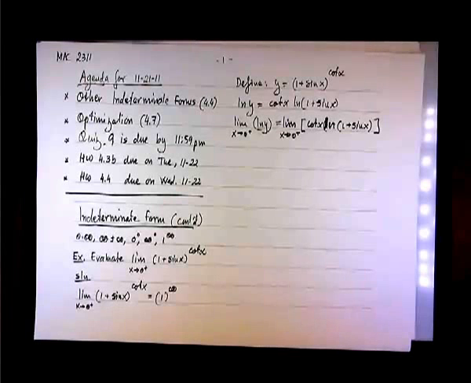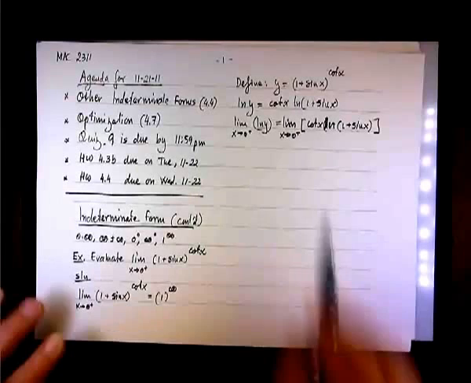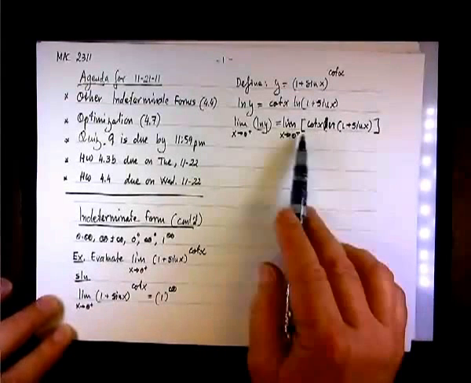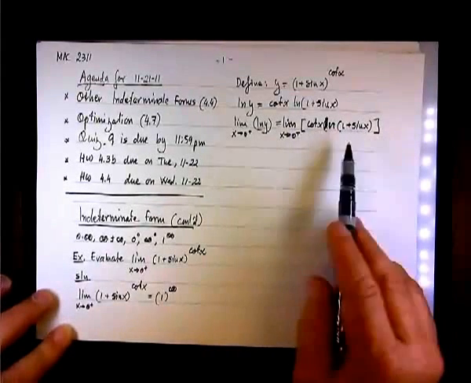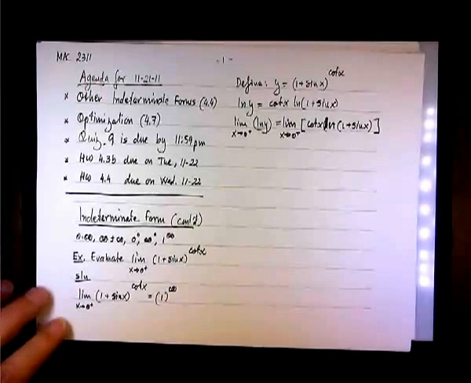Now, remember, in order to be able to use L'Hopital, I need a rational function. I need to have 0 over 0 or infinity over infinity. So I need to write whatever expression I have here as a rational function.